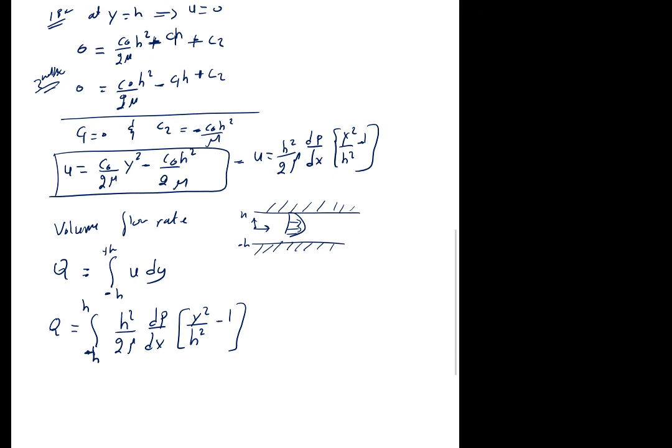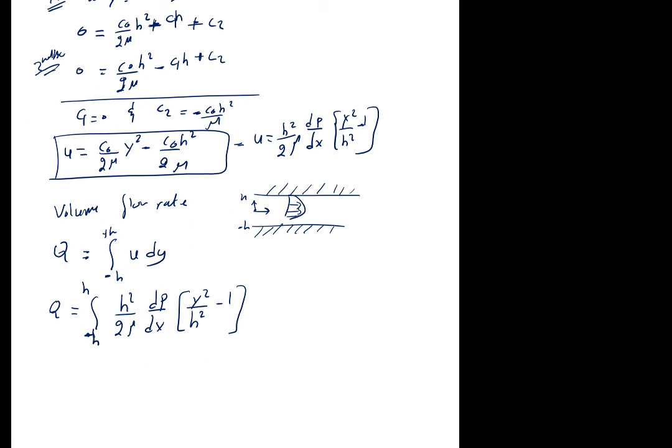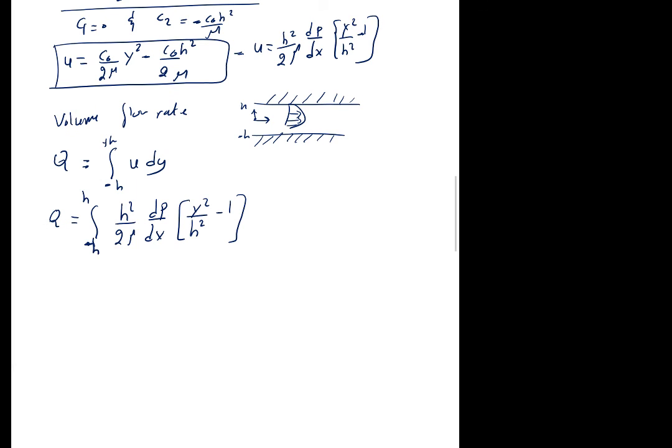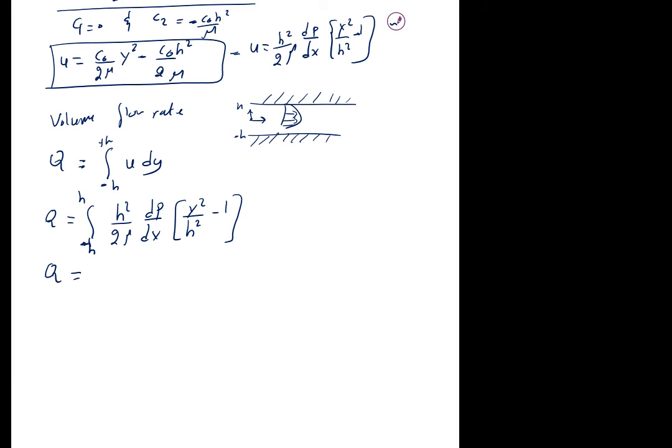There's nothing complicated here. y cubed over 3h squared. It's straightforward. You end up with Q equals minus h cubed over mu dp/dx times 2/3.